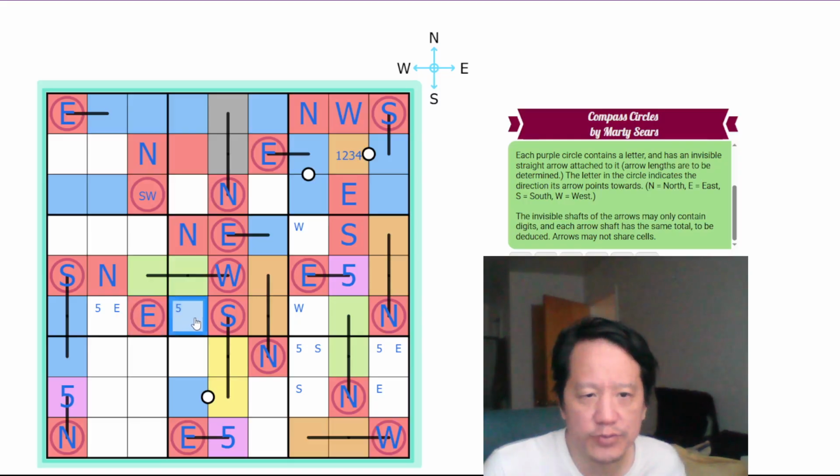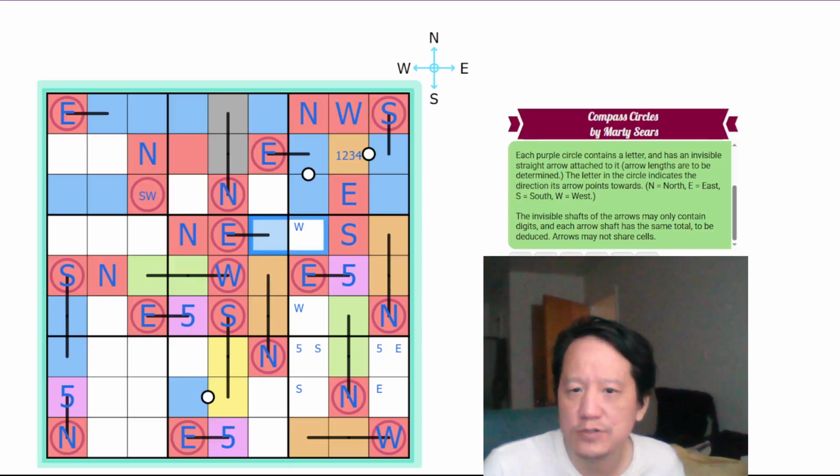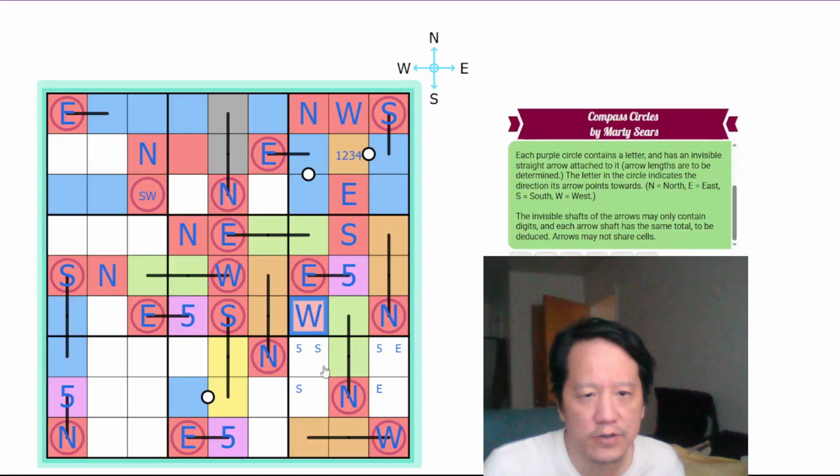So this is east pointing this way, which means this is the 5. We don't know what this is. This points east to the 5 there. This cannot be 5, so it must be 2 digits. So it goes that way, which means this can't be west. This has to be a green pair. So that's both greens. This has to be red and a west there. This is a digit. We don't know which.